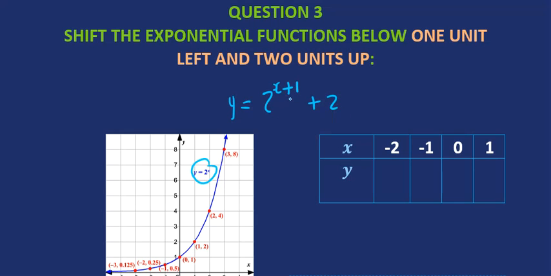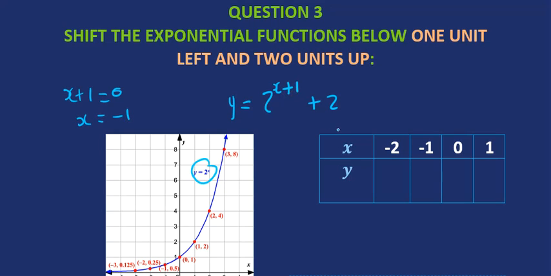Okay, remember we always write the inverse operation into our graph, inverse to the shift, because when we solve this x plus 1, it will be x equals to negative 1, which obviously indicates a shift of negative 1. So because we're shifting to the left, it's negative 1, but when we plug it into the equation, it will be the inverse of negative, which is positive.